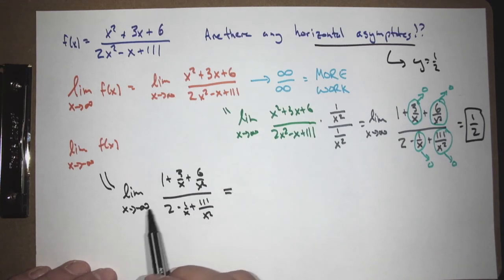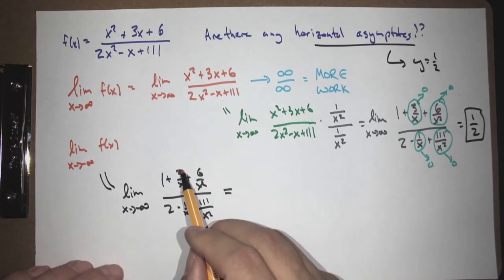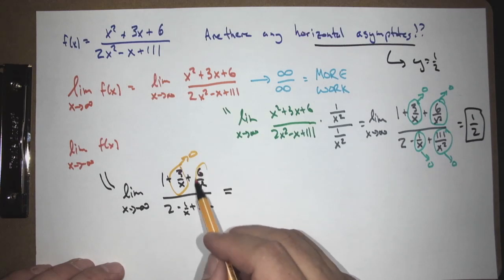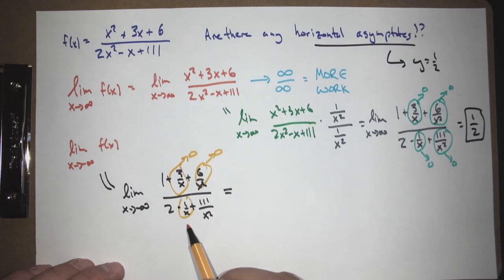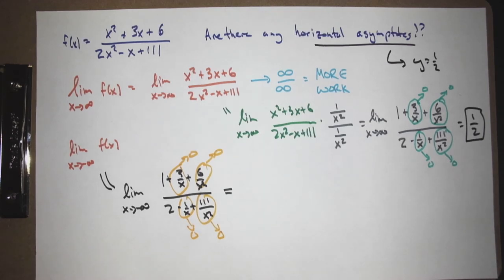And as x gets to a big negative number, what happens? Well, what happens to 3 over x? 6 over x squared, 1 over x, 111 over x squared. So we end up with a half.